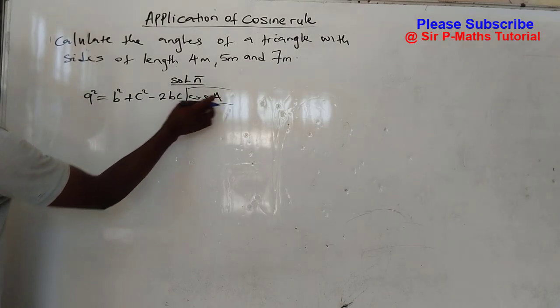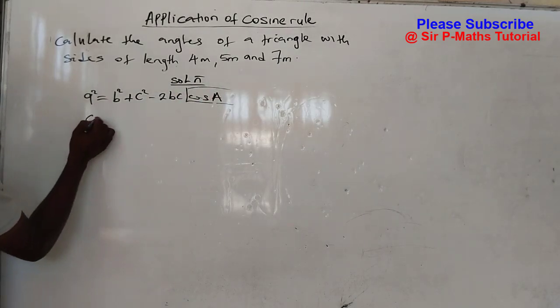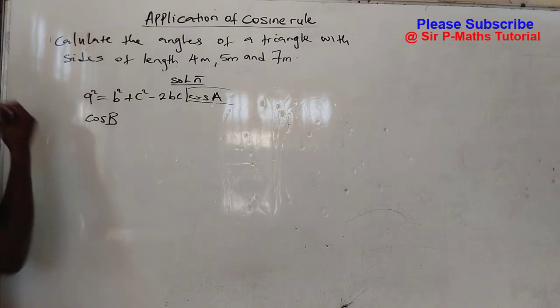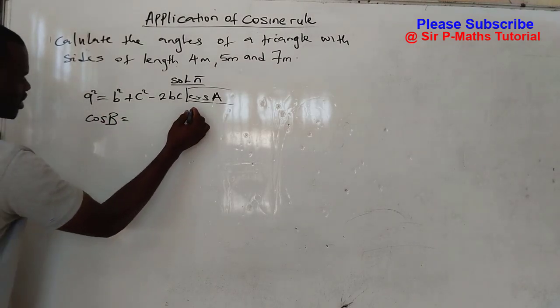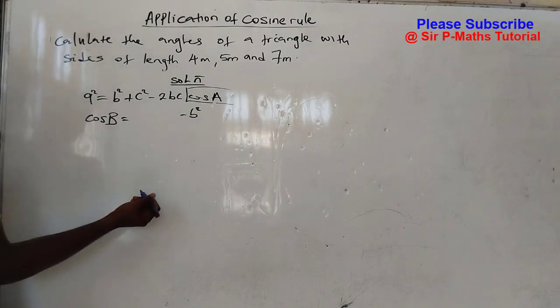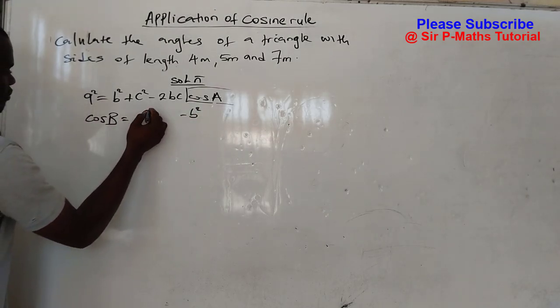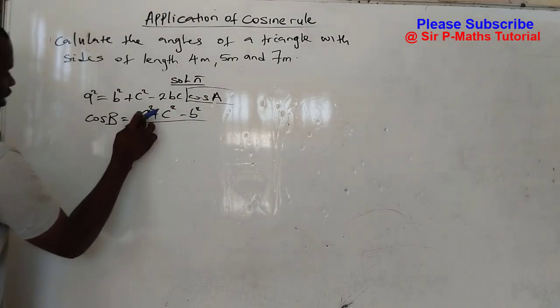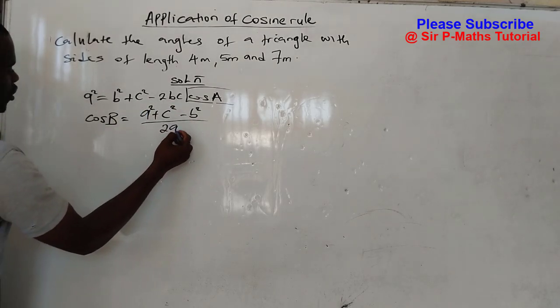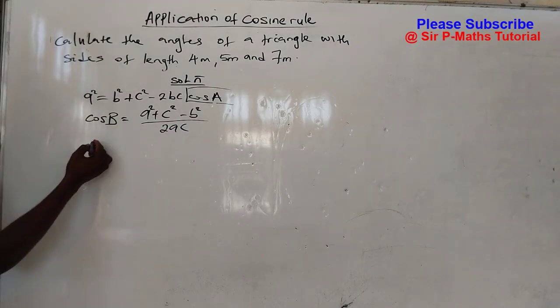Still on this, instead of writing cos A, I'll now say cos B, is equal to, since I'm talking about B, I'll be subtracting B. That means what I have remaining is A and C. I'll now have A squared plus C squared. You see, and whatever you have here and here comes under 2AC. Then we solve.